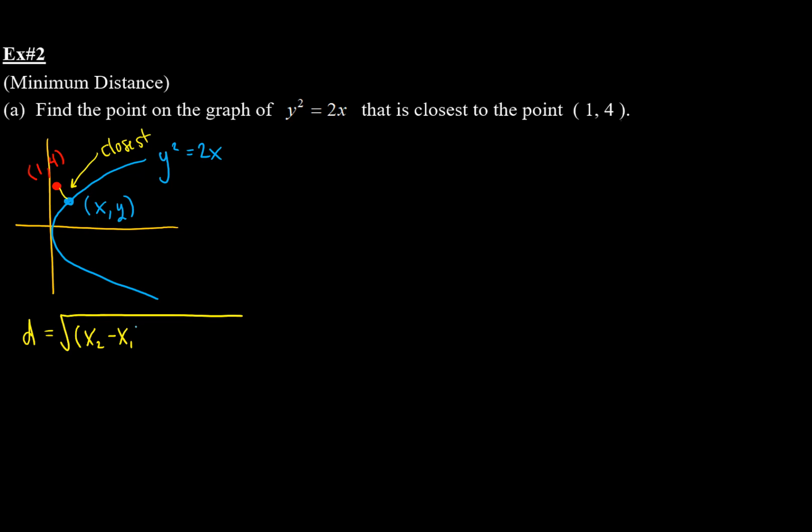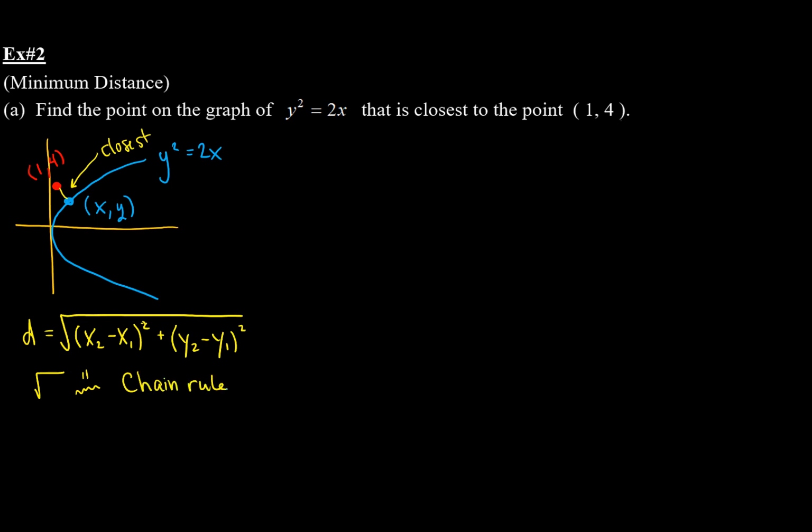Now remember the distance formula between two points, as we learned in previous math classes, is the following. However, if we want to take the derivative of this, the square root is going to cause a couple of problems because we're going to have to use the chain rule.